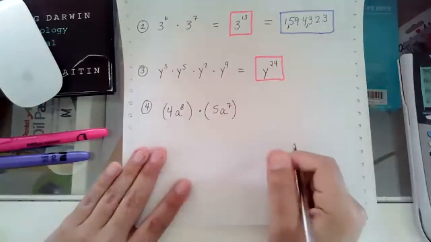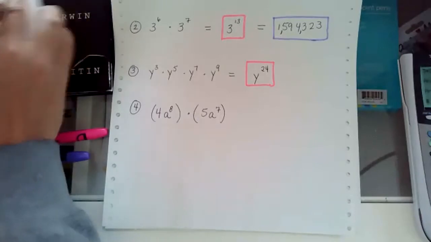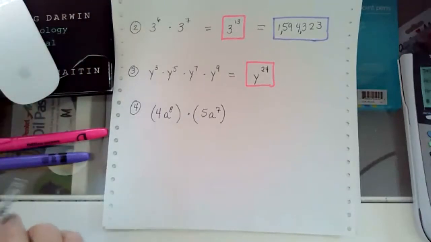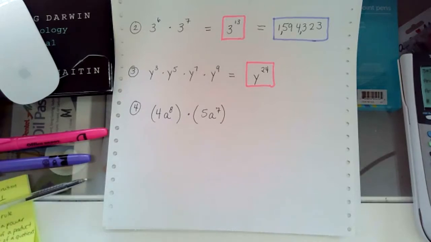What should this be? Would it be 20a to the 15th power?